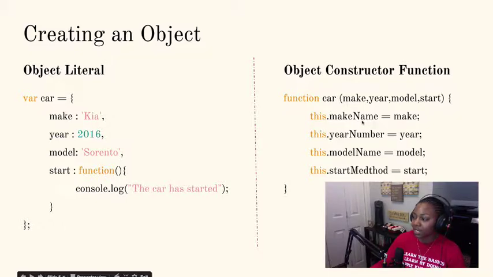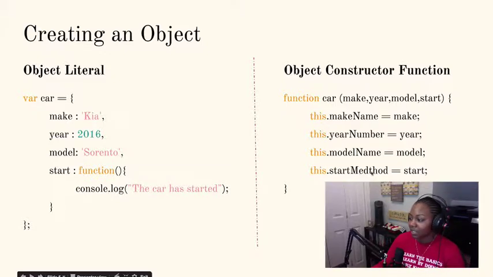So this dot make name is the property, which is then assigned the value of make. So whatever we pass in for make will go here, right? So all of these are property names, and all of these are the values that we are assigning to the property names. And in the example, we noticed that we were able to pass a function as a parameter, right? And then we assign that parameter to the start method. Okay, and it seems like I spelled method wrong here. Typo. But you guys know what I mean.